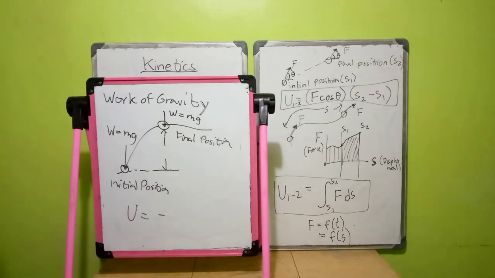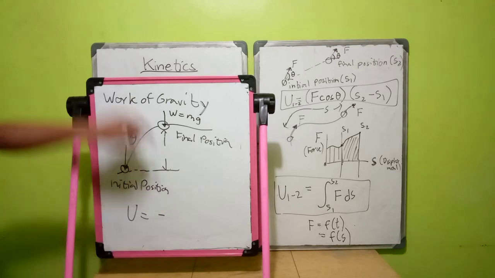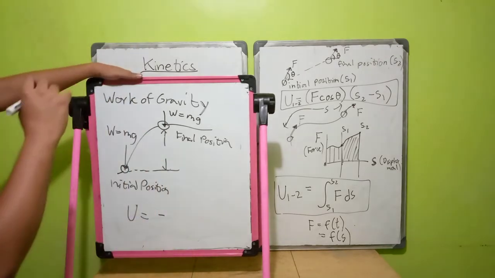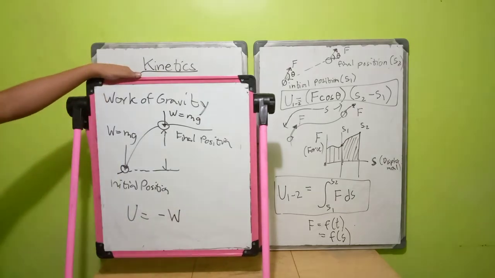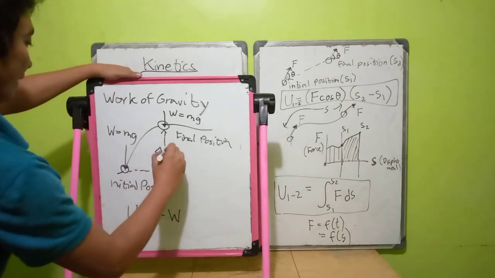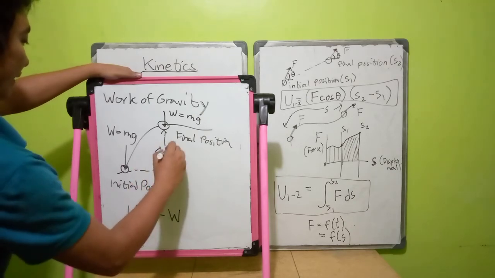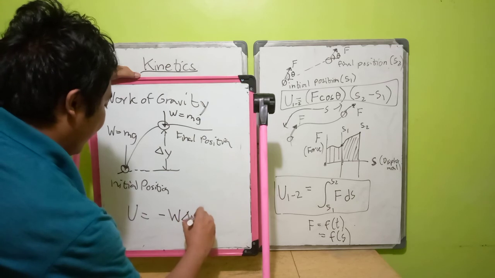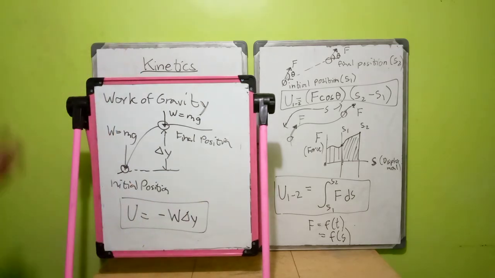Negative mass, negative W times the change in y. That is the work of gravity.